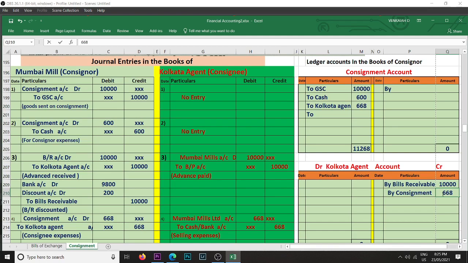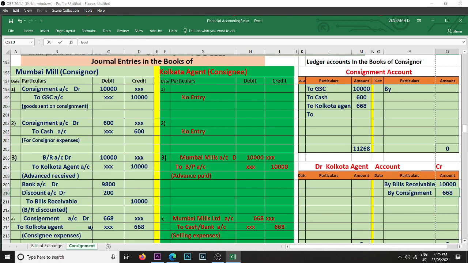Amount is 14,000. And in consignment account, by Kolkata agent. Next one is the commission. Commission entry is consignment account debit to consignee account, that is Kolkata agent. Amount is 700. In Kolkata agent, by consignment. Amount is 700.